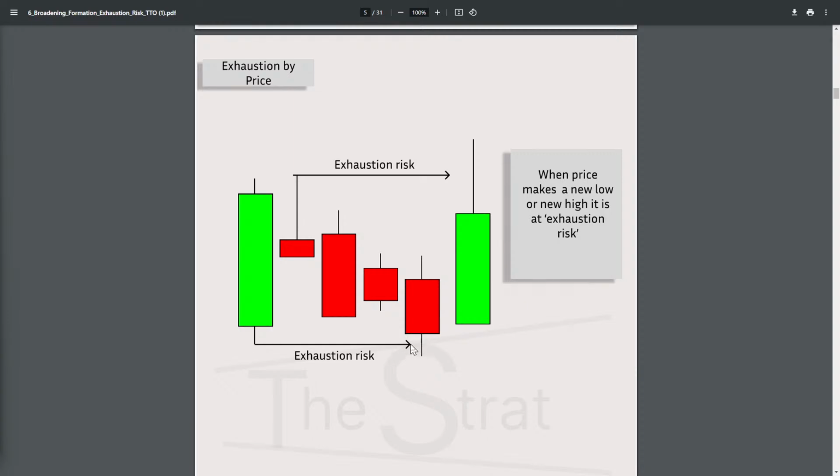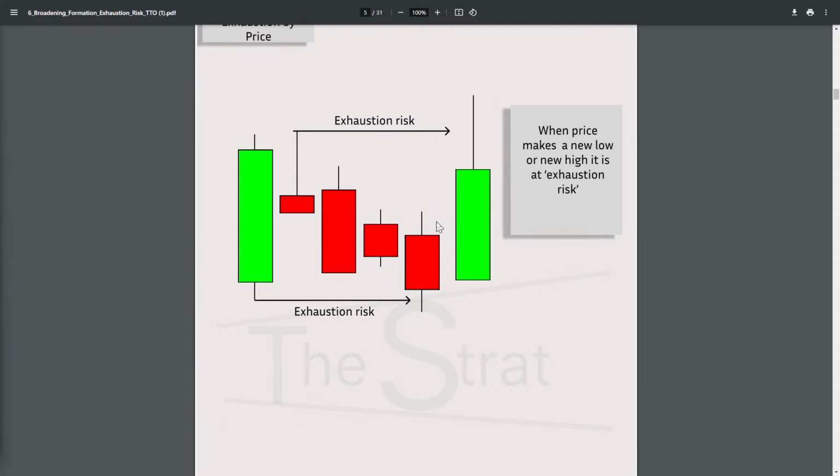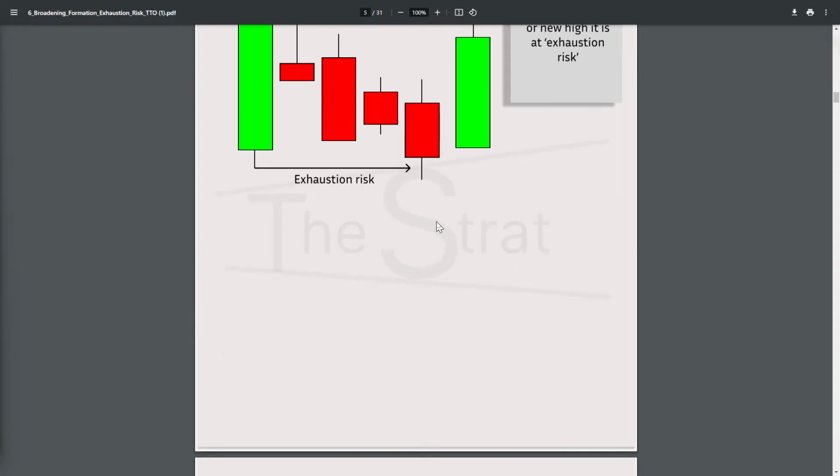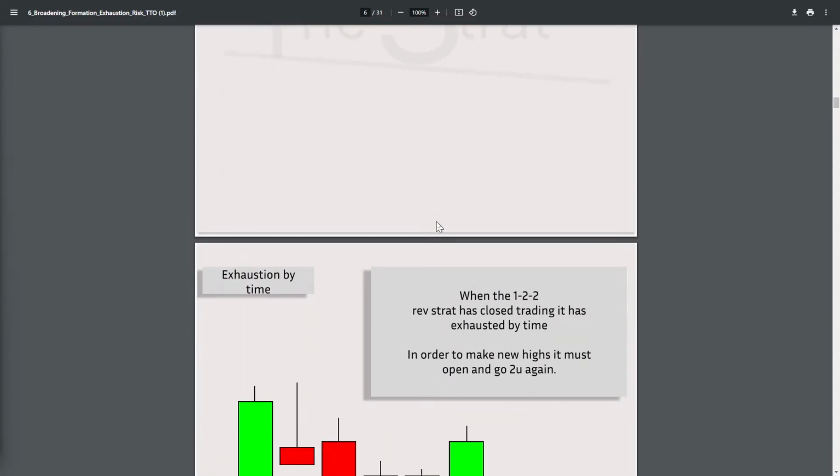That puts us at immediate short-term exhaustion risk because we have taken out the mother bar and completed the compound outside bar. So that puts us at downside exhaustion. Then they reverse, take it up, and take out the highs. So then this is upside exhaustion risk, and we expect reversals to happen here.